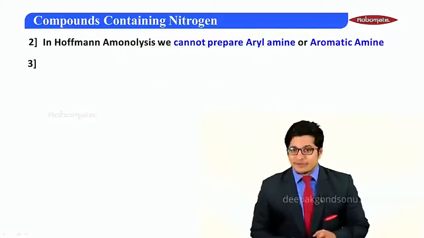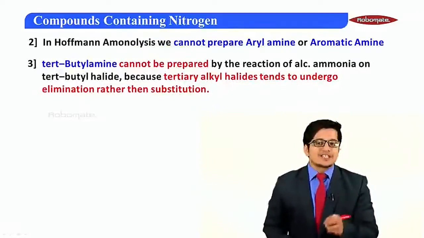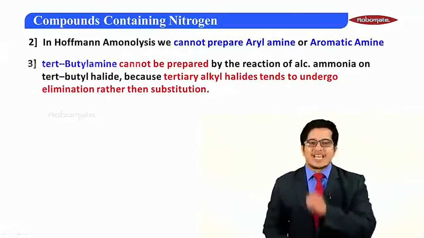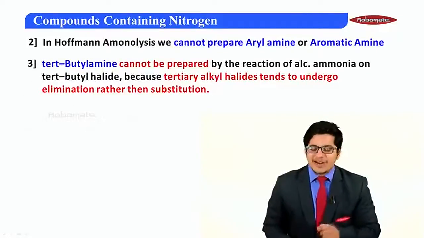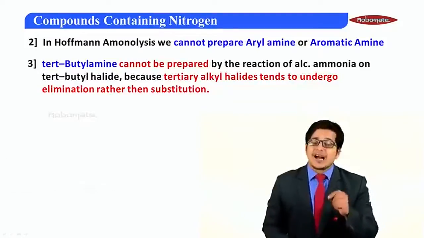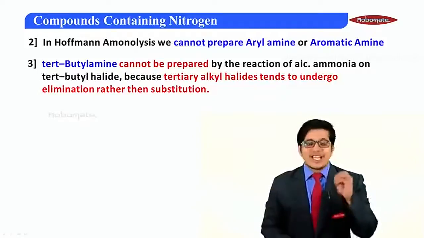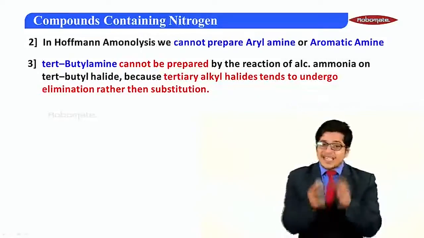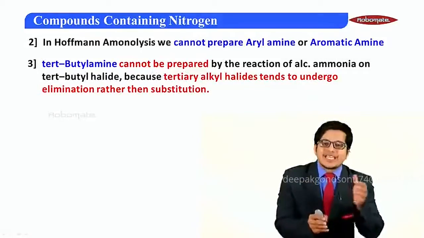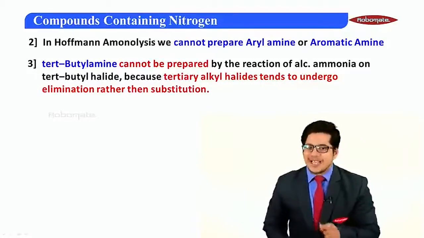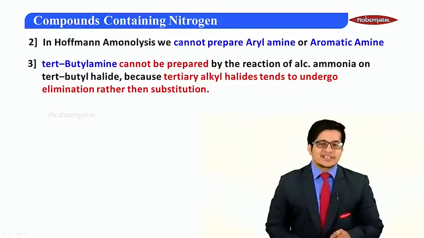The next point is that tertiary butylamine cannot be prepared by this reaction of alcoholic ammonia on tertiary butyl halide. Why? Because a tertiary alkyl halide tends to undergo an elimination reaction rather than a substitution reaction. Let's look at the reaction.